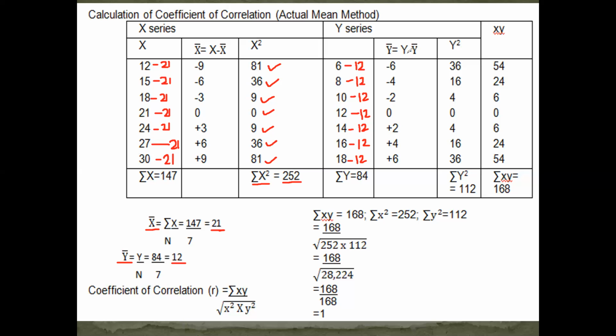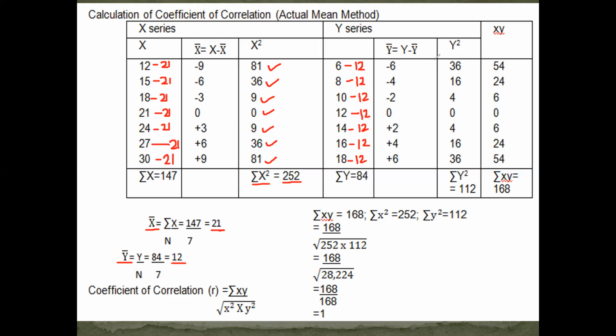Now the fifth column is your small y, that is deviations of all the variables of y. You are calculating the deviations from the mean of y.